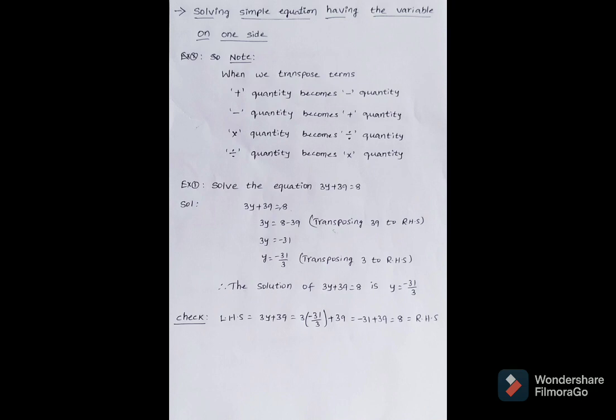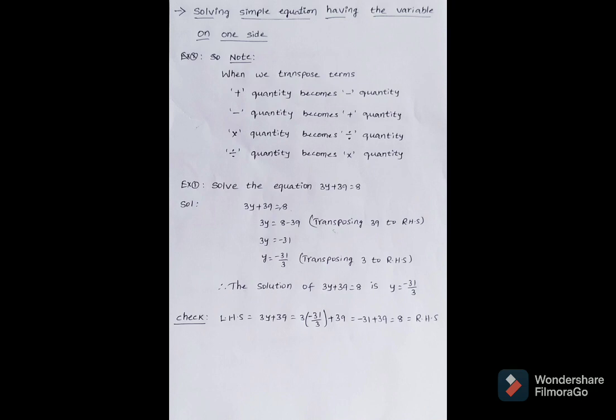So y equal to minus 31 by 3. Therefore, the solution of the equation 3y plus 39 equal to 8 is y equal to minus 31 by 3.